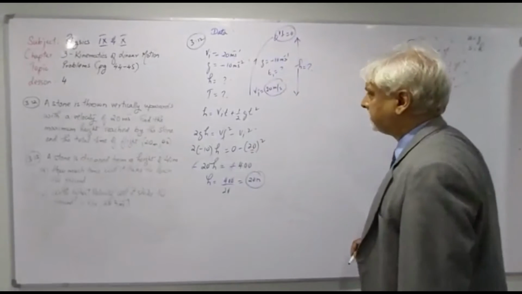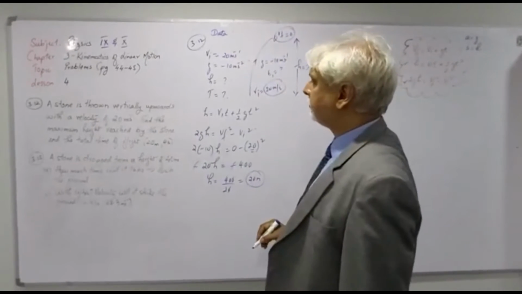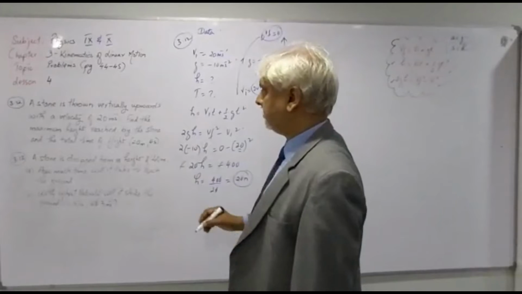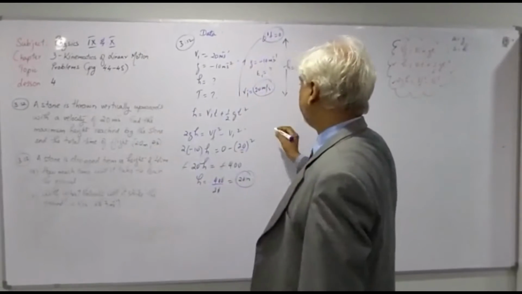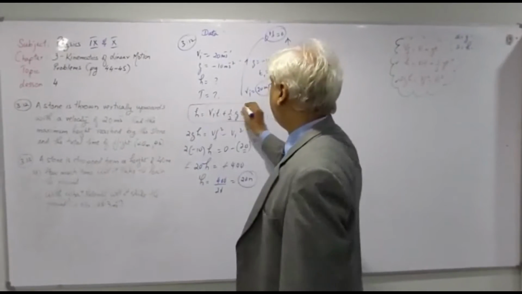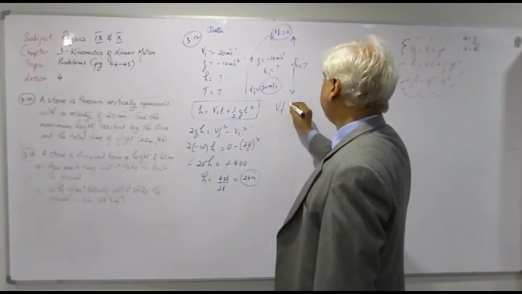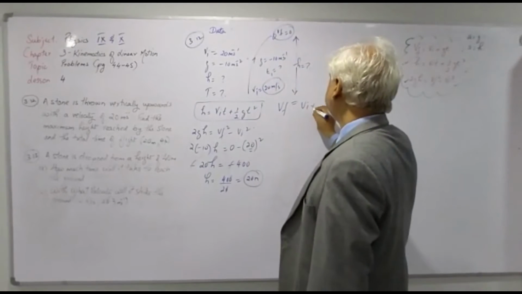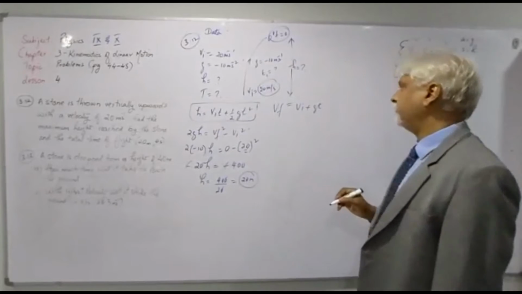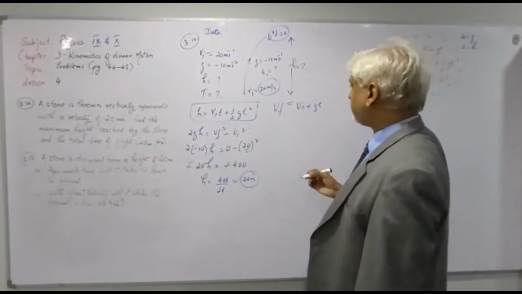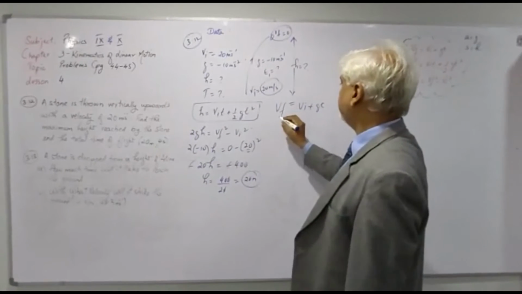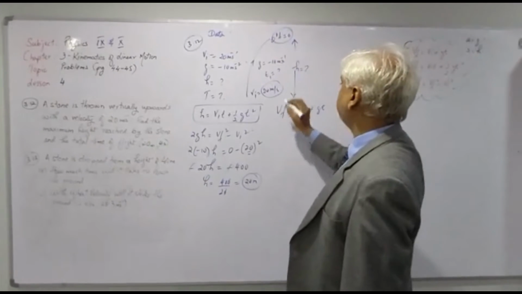Now the next thing that you need to find is the total time taken. We can use this formula if you'd like to, or you could use the first equation of motion, Vf is equal to Vi plus gt, where we have replaced acceleration with gravity. Any formula will give you the same answer. So final velocity we know is 0.